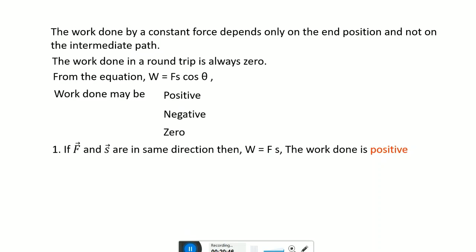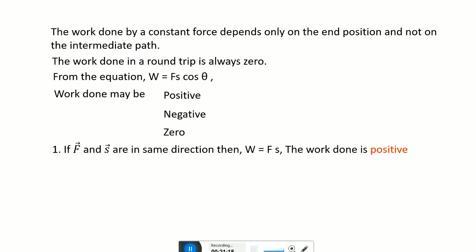If vector F and vector s are in the same direction, then W is equal to Fs. Then we can say that the work done is positive. As vectors F and s are in the same direction, means angle between them is 0, and from the relation W is equal to Fs cos theta, cos 0 is 1.